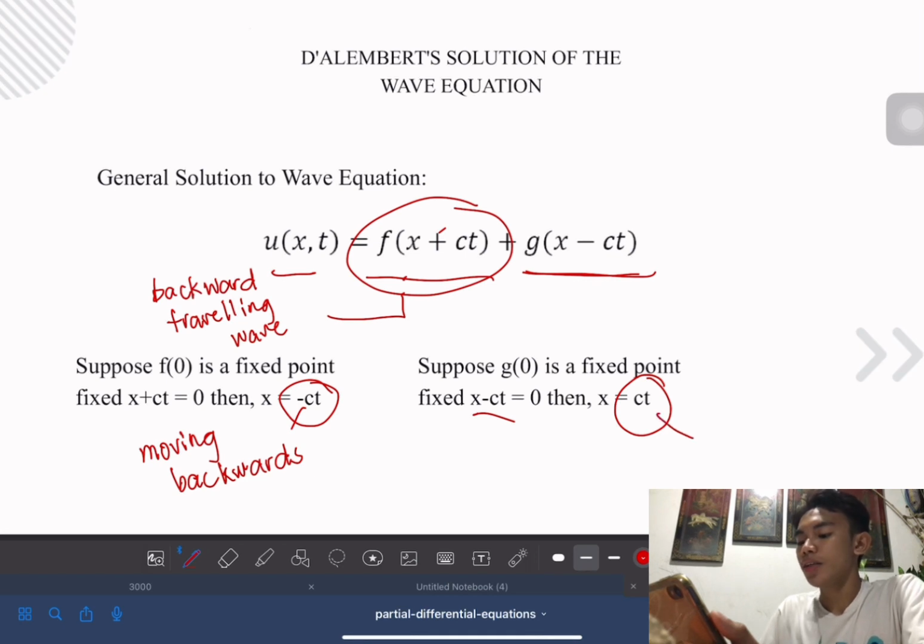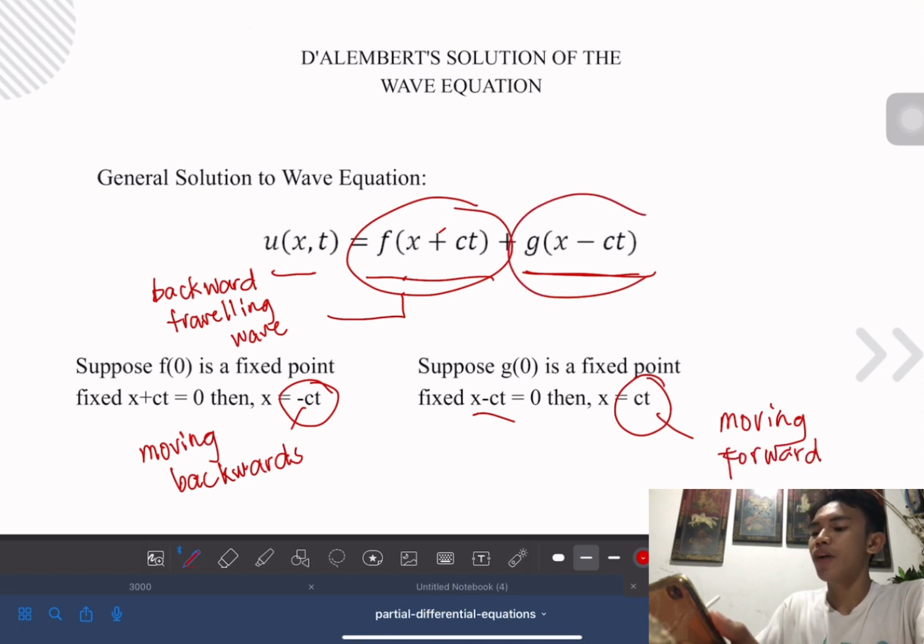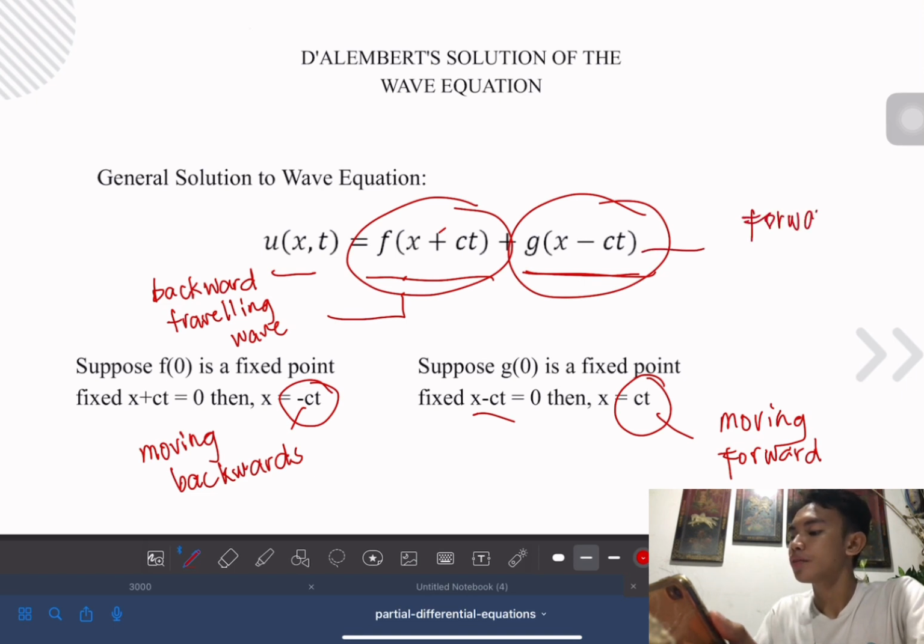So we can say that this is moving forward. So this function will be a forward traveling wave.